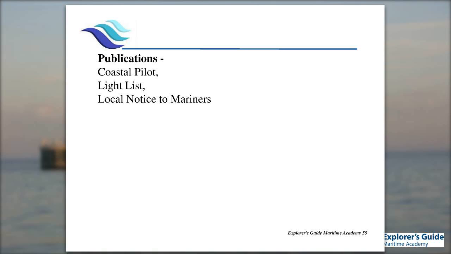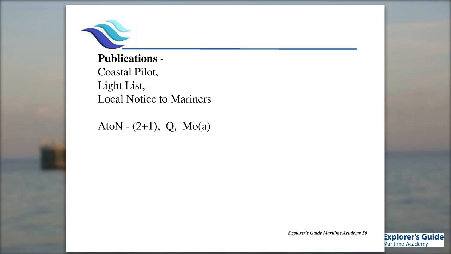The third one is the Local Notice to Mariners. The Local Notice to Mariners updates all charts, Coastal Pilot, light list, among many other things. So what updates all our publications and the information we need? Local Notice to Mariners, which is published weekly.